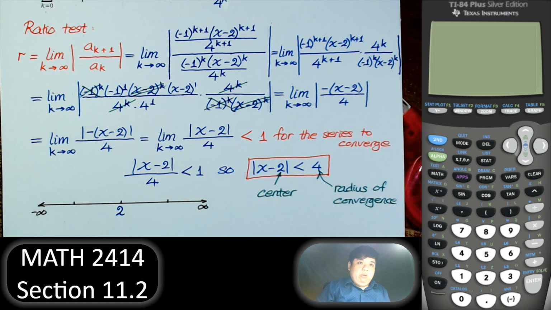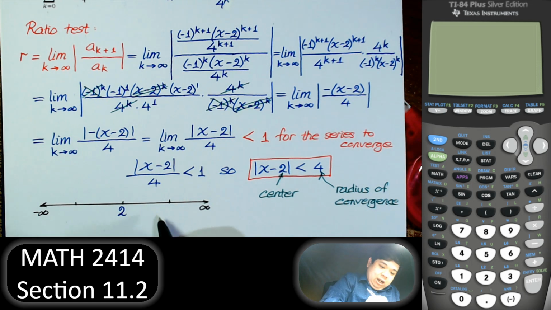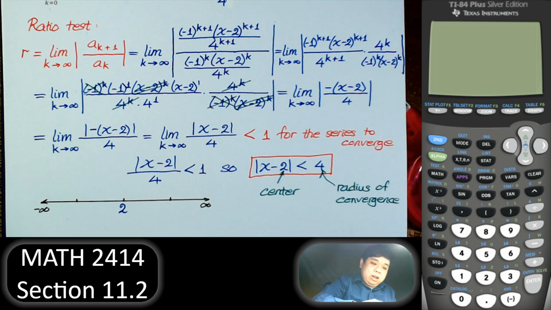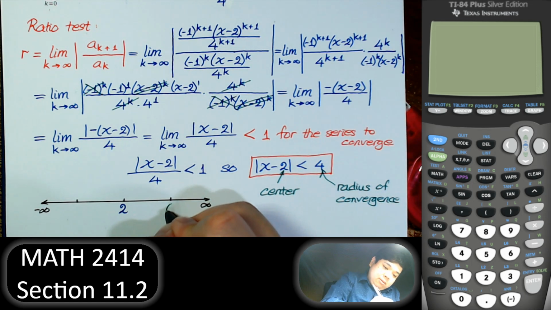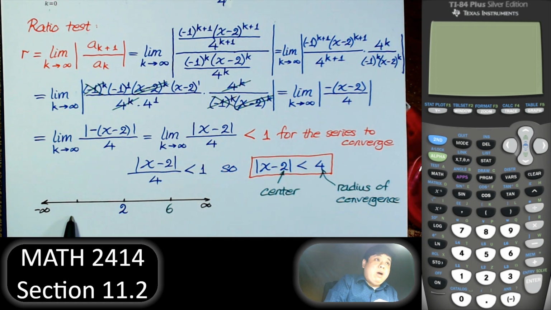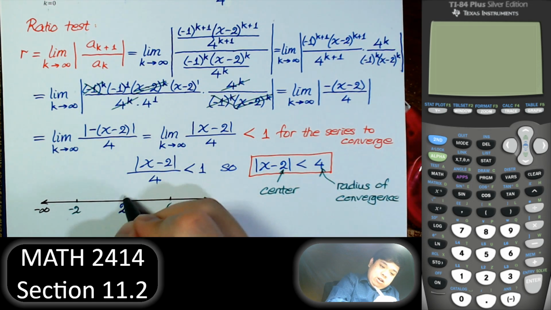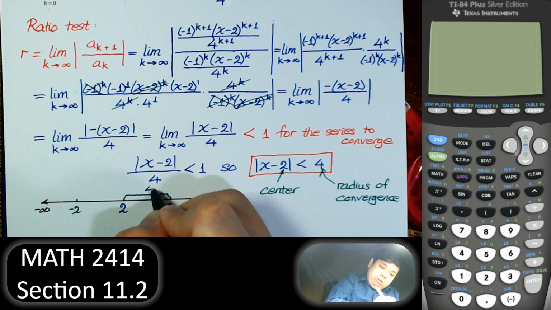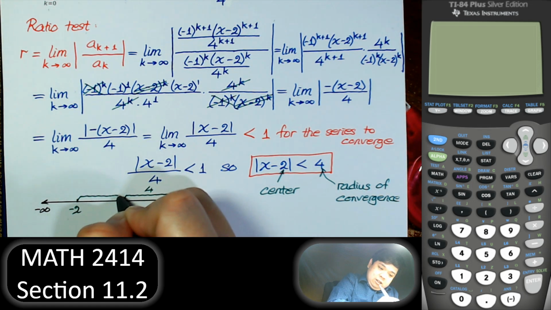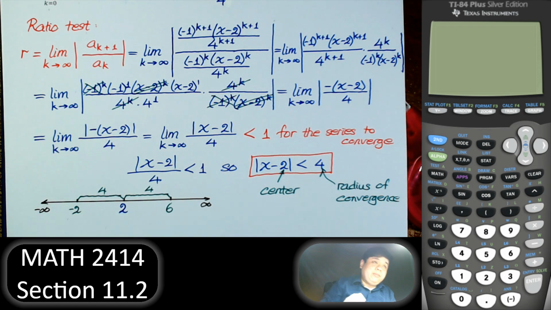And the radius of convergence is 4, meaning that we go 4 to the left and 4 to the right. So 2 plus 4 is going to be 6, and 2 minus 4 is going to be negative 2. Because the radius of convergence is 4, this distance has to be 4, and that distance is 4. So negative 2 and 6. First of all, we know the radius of convergence is 4.